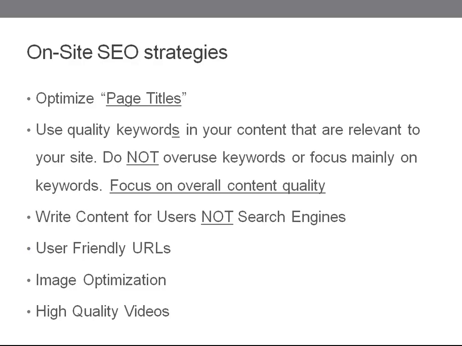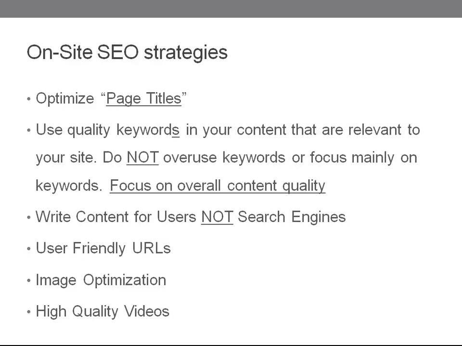You want to use quality keywords all around your site that are relevant to your site. Now this could be kind of a double-edged sword because you want relevant keywords on your site in the content body or in the page title everywhere, but you don't want to overuse them. You don't want to stuff a page with 50 of the same keywords.